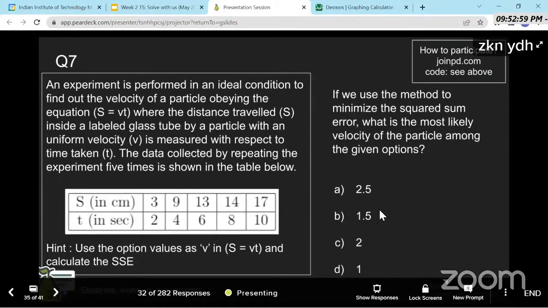You can actually say this as 1.5 because you see 2 into 1.5 is nothing but 3. 4 into 1.5 is nothing but what? It's not 9, of course, but it's 6, right? So it's somewhere between these two, either 1.5 or 2. So that's why they might have guessed that this could be the option. So even that is one way of thinking. Okay.